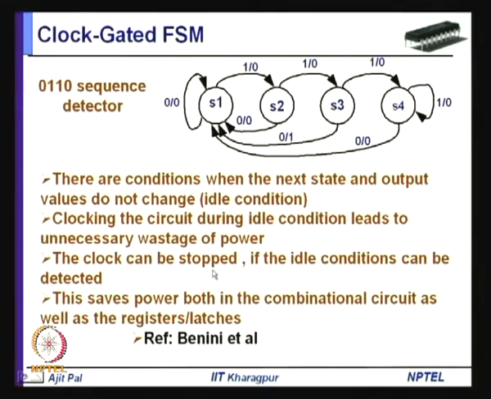So, the clock can be stopped if the idle conditions can be detected. This is the basic idea behind clock gated finite state machines, and this saves power both in the combinational circuit as well as in the registers and latches. This particular concept was proposed by Benini et al. in their paper.